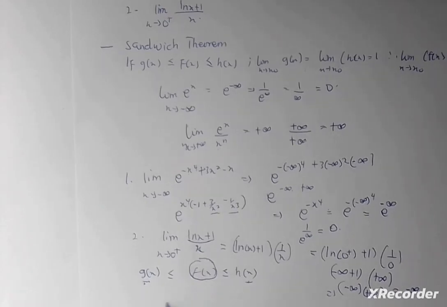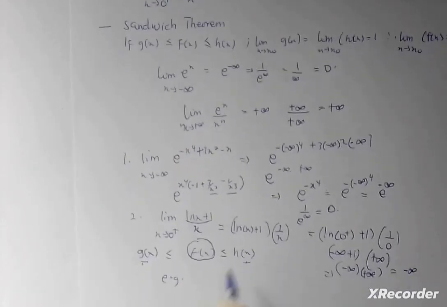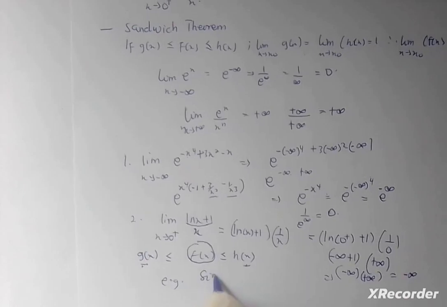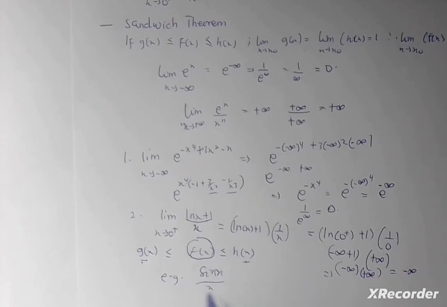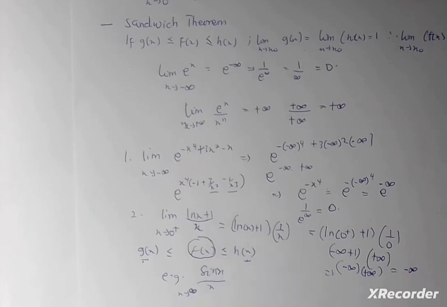Let's see this example. Find the limit of sine x over x as x approaches infinity. So let's see. You already know that the limit of transcendental functions like this is undefined. So having this makes this undefined. Hence, you can't find it directly.